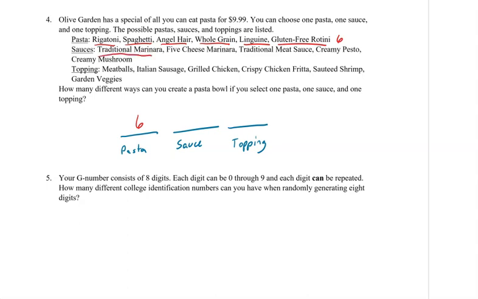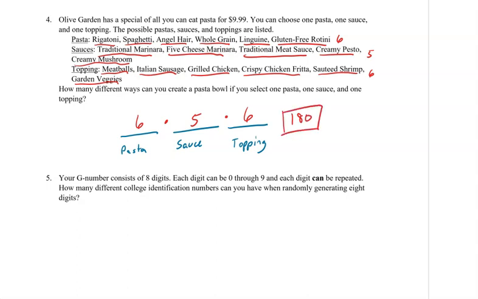For sauces, 1, 2, 3, 4, 5. And for toppings, 1, 2, 3, 4, 5, and 6. And again, we're just going to multiply all of these together, and we get 180. So that's how many different bowls you can make with these options.